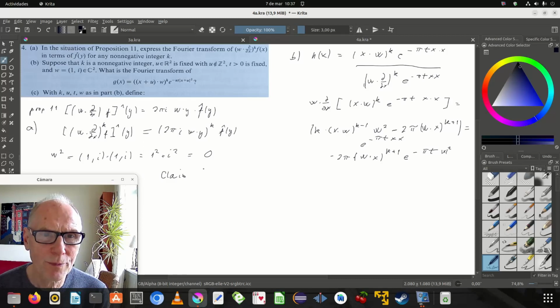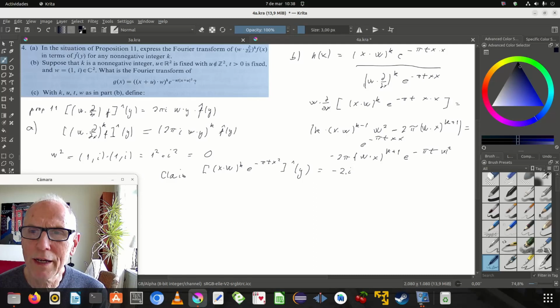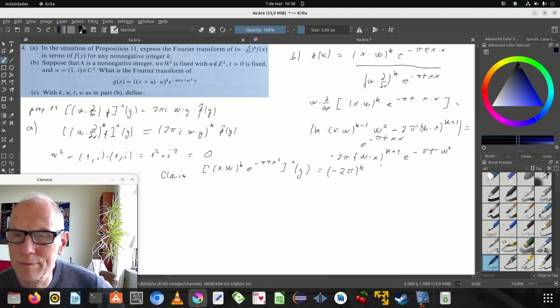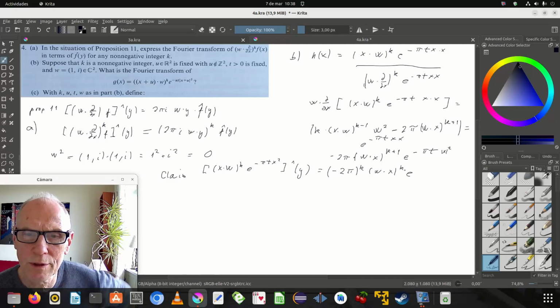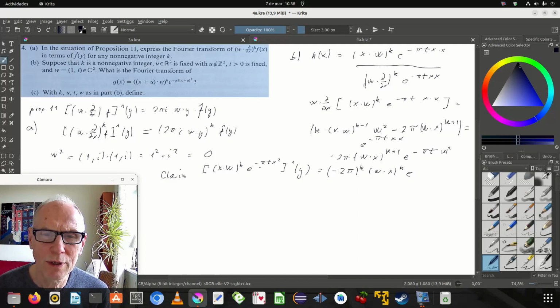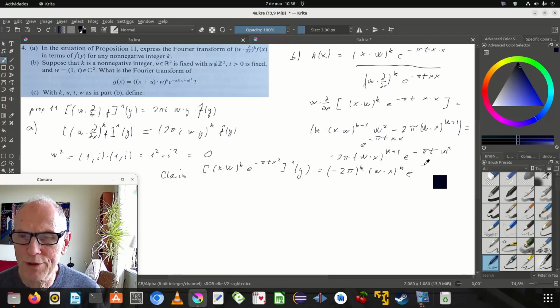So we claim that the Fourier transform of x times omega to kth equals minus 2 pi to kth omega dot x to the kth, and then the Fourier transform of this guy itself.